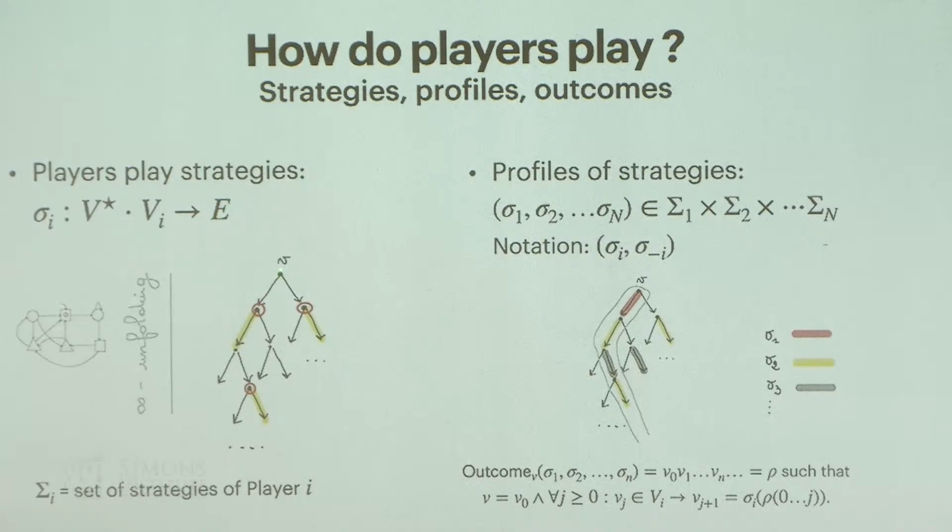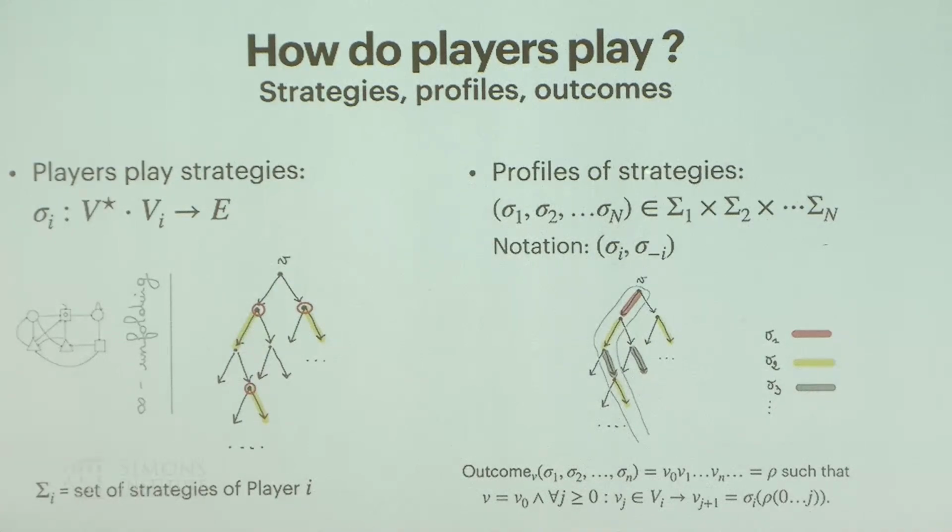You can also see this as the unfolding of the game graph, and then in this infinite tree, each node that ends in a state that belongs to the player requires a choice. And this choice can depend on the full history that we have seen so far, even if some states are repeating.